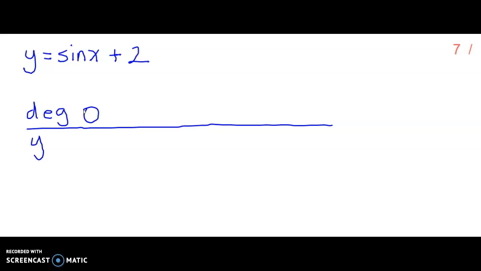So, let me show you this way. The sine of x is 0. The sine of 0, I mean, is 0. And now we have the sine of x plus 2 is 0 plus 2. So that means we're at 2.